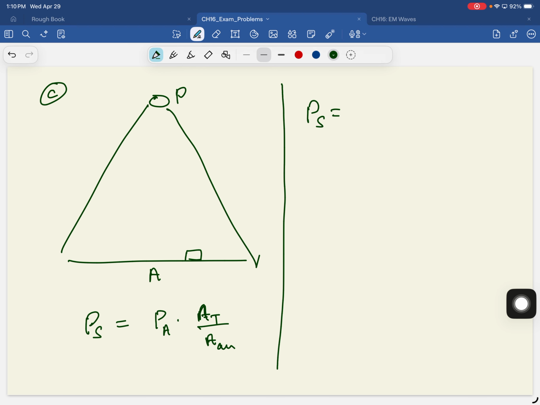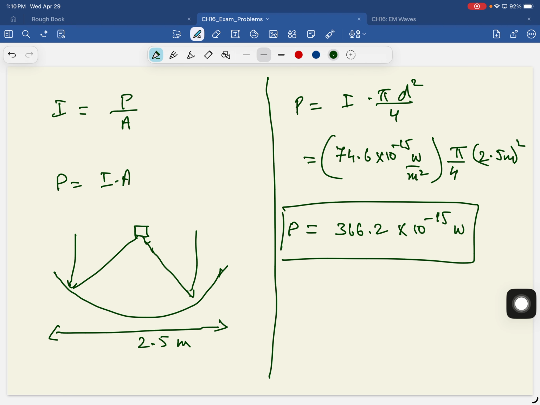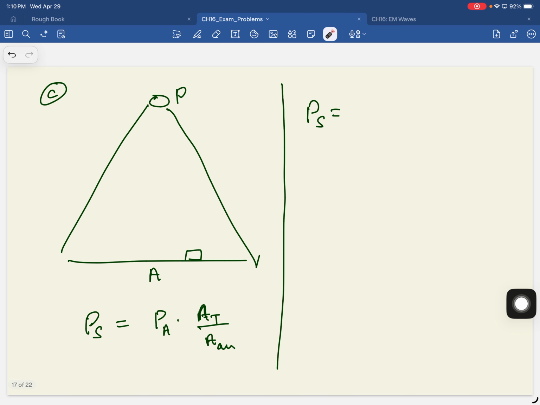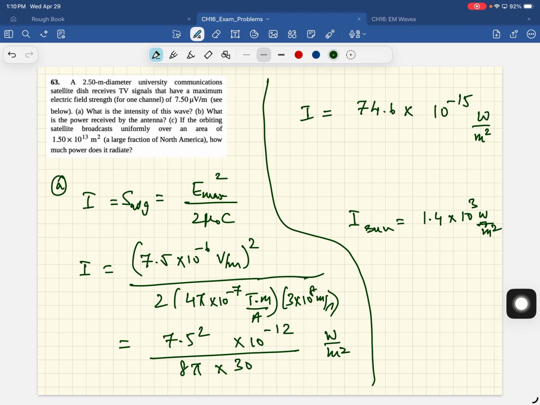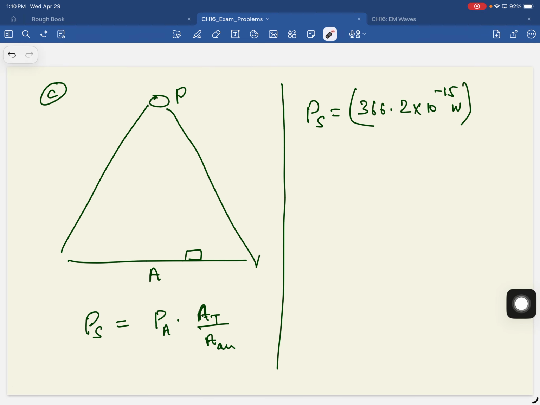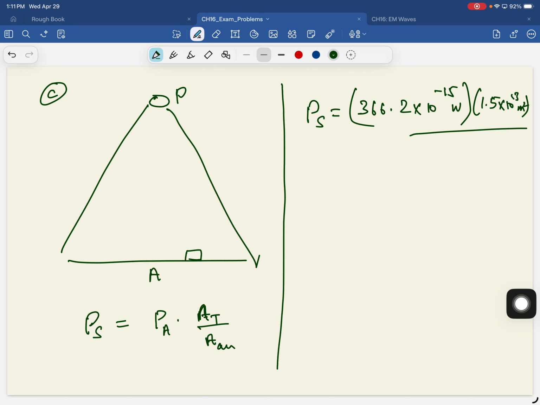So the power radiated by the satellite is the power received by the antenna, 366.2 into 10 to the minus 15 watts, times the area over which this is radiated, 1.5 times 10 to the 13 meters squared, divided by the area of each antenna, pi over 4 times 2.5 meters squared.